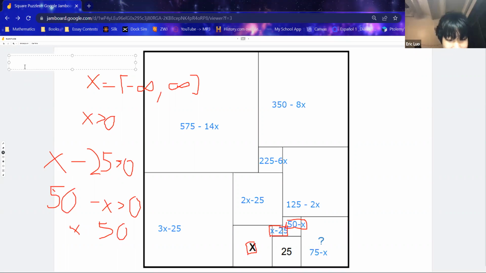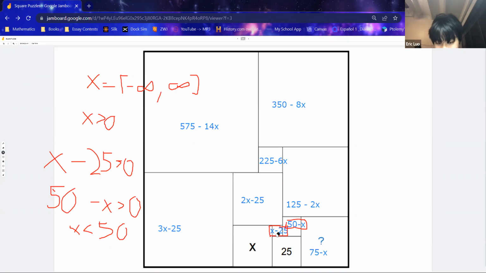Another way you can solve this is to add x to both sides, then you get 50 minus x plus x is greater than x, which means you get 50 is larger than x. So we can do this kind of calculation for every other square.